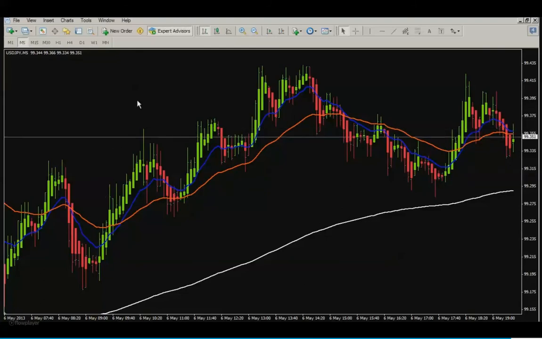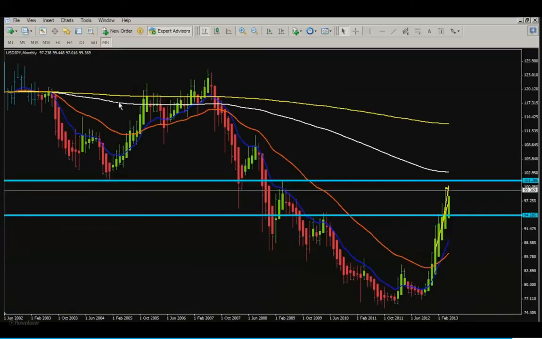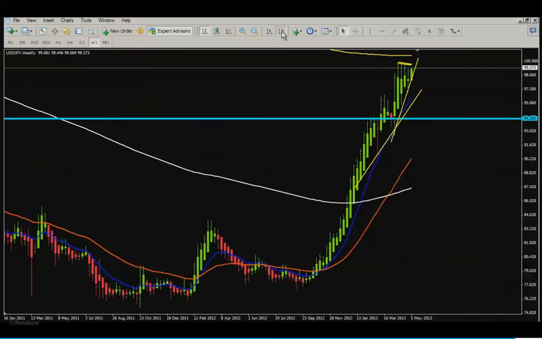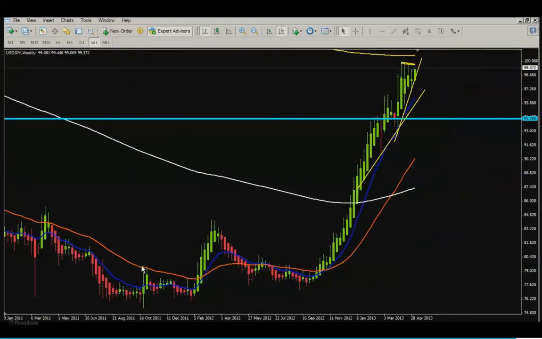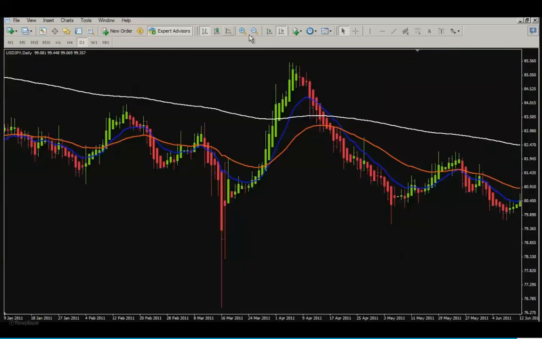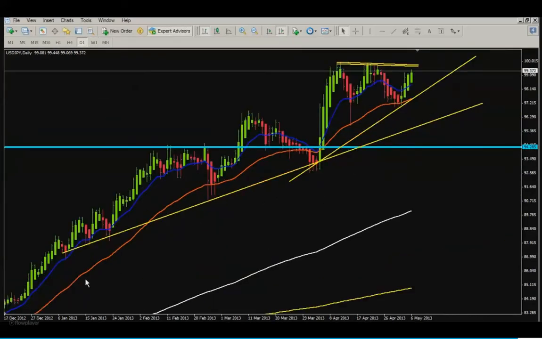For right now, it was the top-down approach, starting from the monthly, drawing your horizontal support and resistance levels, looking for the main trend, then switching to the weekly chart, draw another resistance line or support if necessary. If not, then you switch to your daily chart. You do it there because you get a much nicer picture.